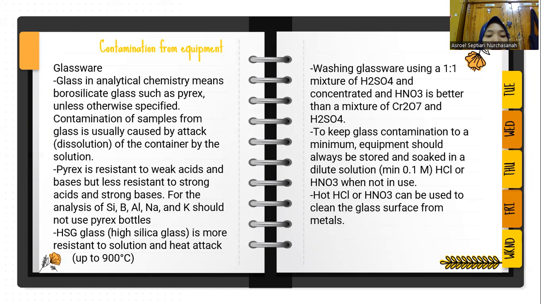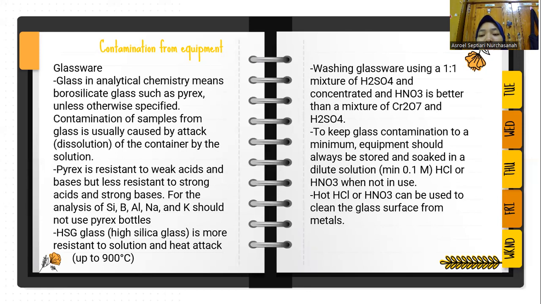HSG glass, high silica glass, is more resistant to solution and heat attack up to 900 degrees Celsius. Washing glassware using a 1:1 mixture of H2SO4 and concentrated HNO3 is better than a mixture of K2Cr2O7 and H2SO4.